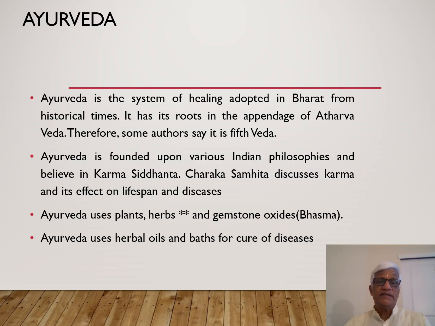Dharma means ethical behavior. Artha means acquisition of wealth. Kama means getting one's desires fulfilled. And Moksha is the salvation or freedom from the cycle of birth and death. This is the essence of Sanatana Dharma.